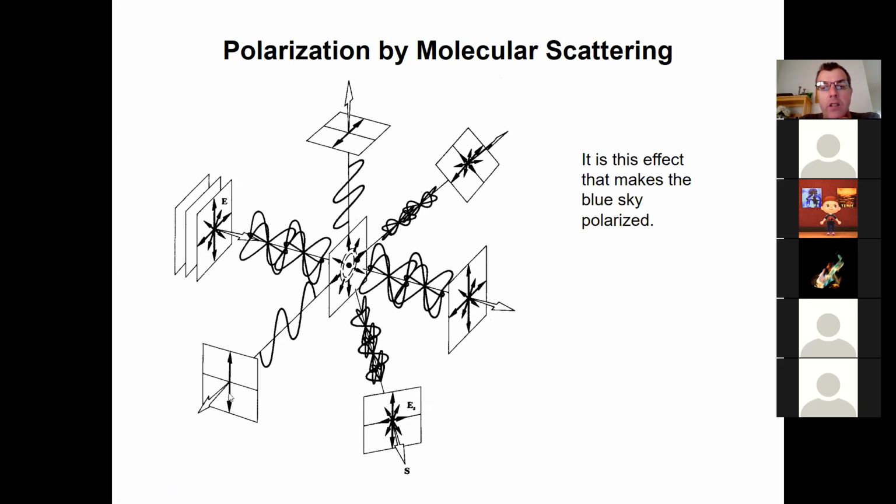So there are certain directions where only one, and you could ask, what about the diagonal polarization? Well, again, we get a diagonal antenna here. And the diagonal antenna would send light polarized along that diagonal in every direction, except this one.